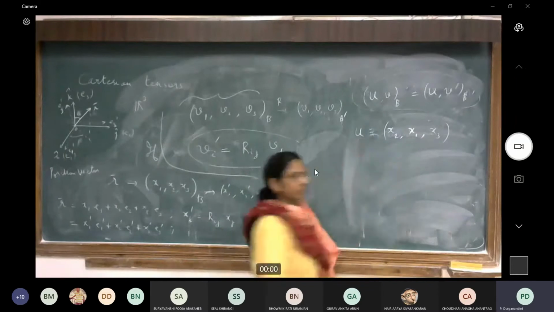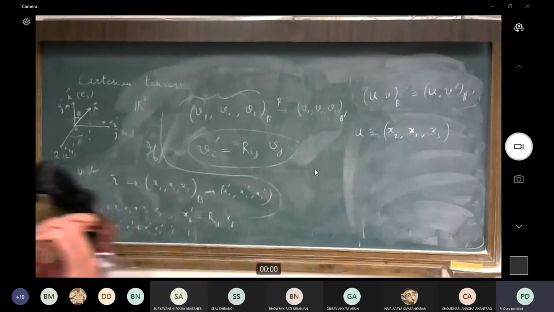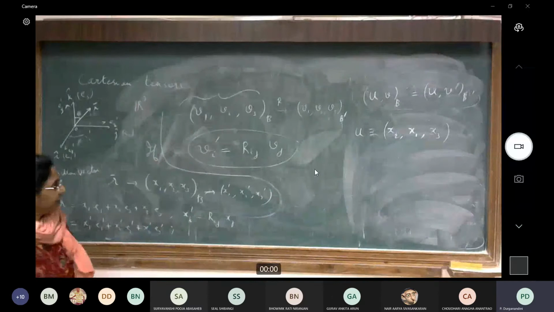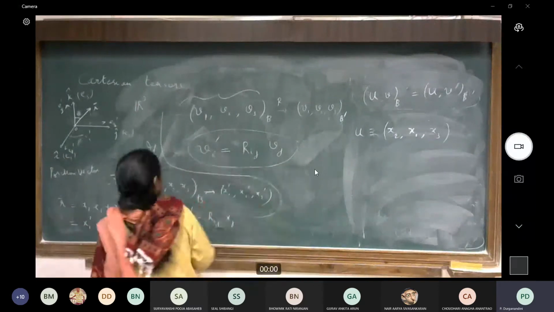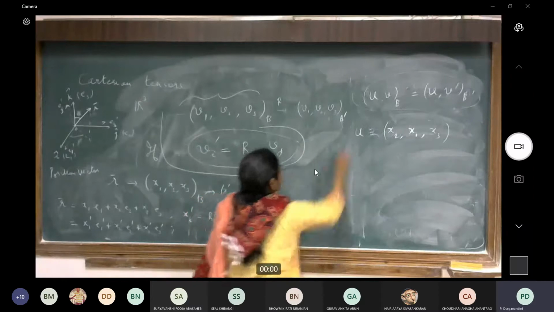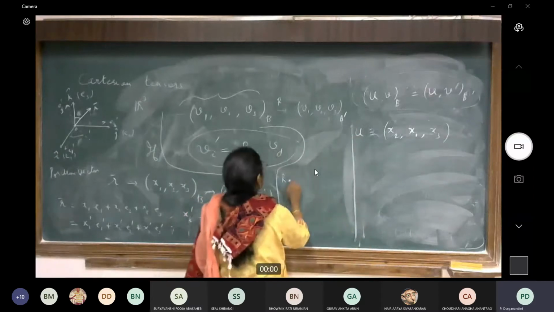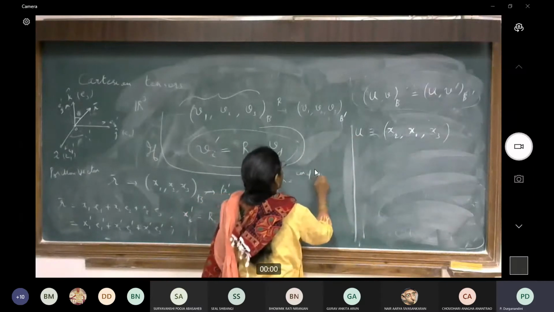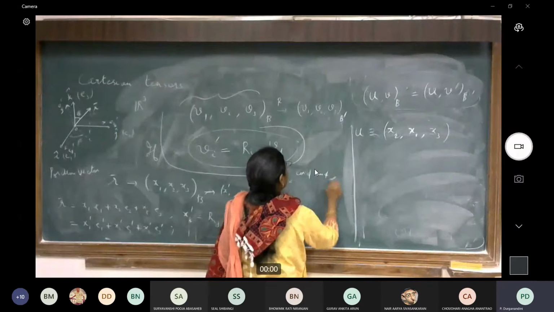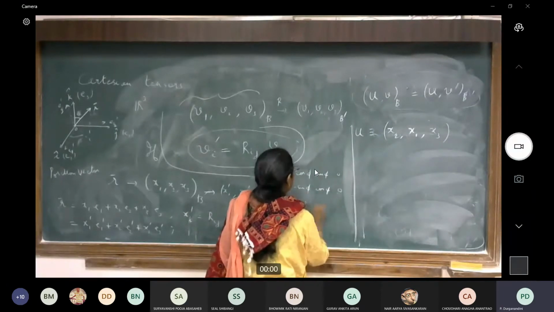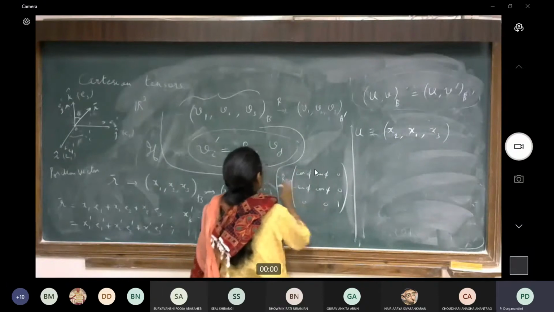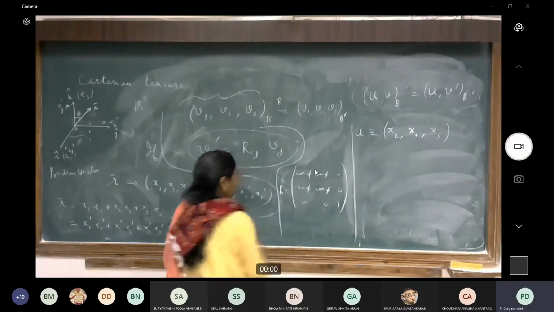Let's check whether this U constitutes a rank 1 Cartesian tensor or not. For simplicity, let's consider the rotation transformation which I took explicitly just now. So let's take R to be equal to cos phi, sin phi, 0; minus sin phi, cos phi, 0; 0, 0, 1.